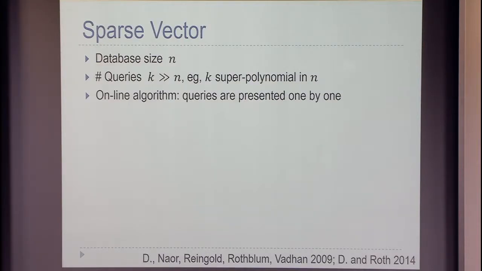And we're looking at a collection of queries, k of them, and k could be very large. And unlike the case with the small DB algorithm, where we use the exponential mechanism to choose a small database, in that case, all of the queries were known in advance, but here the queries are going to be presented in an online fashion.